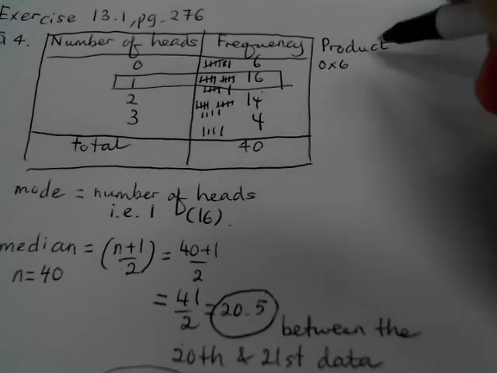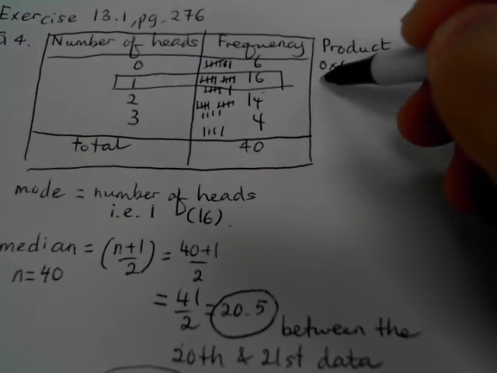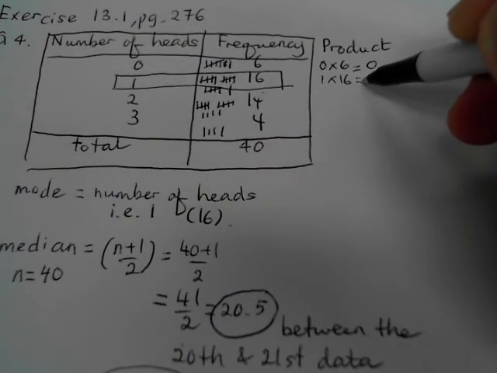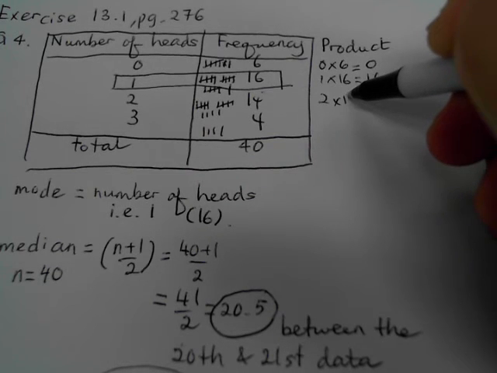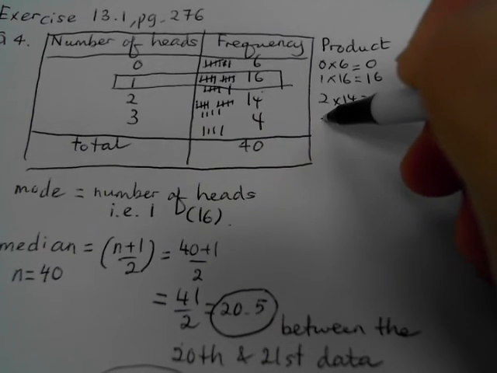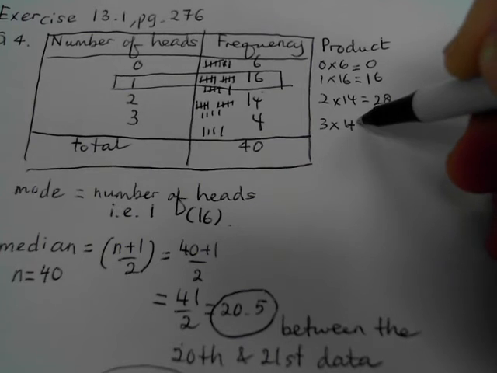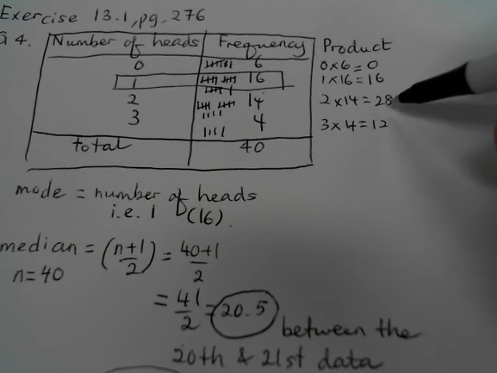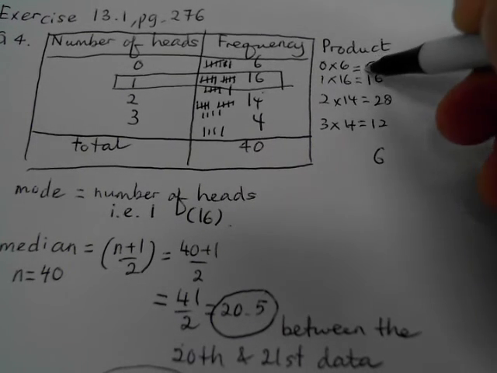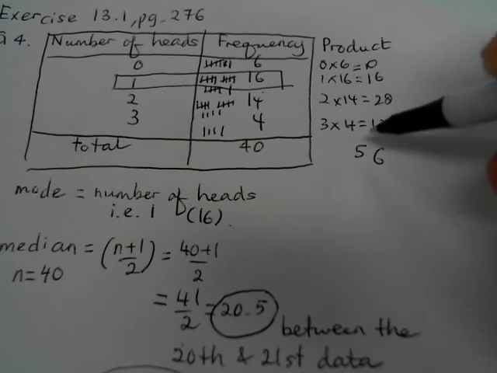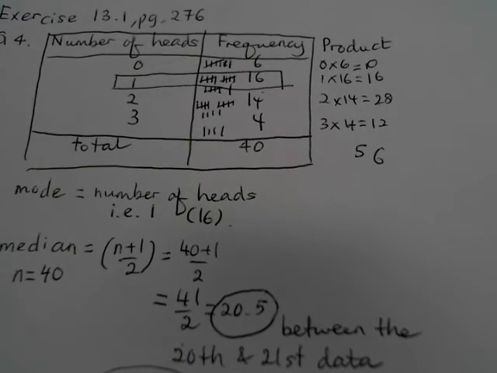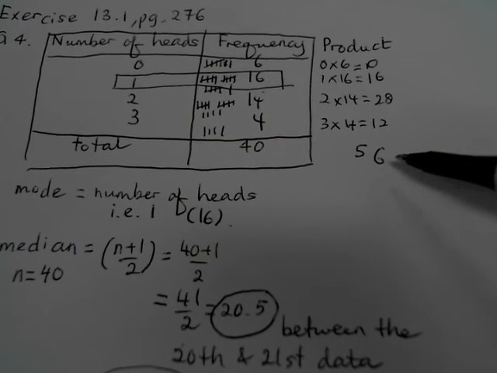So 0 times 6 will give you 0. 1 times 16 will give you 16. 2 times 14 will give you 28. 3 times 4 will give you 12. And in total, you will have 56. The total number of times that you have multiplied the frequency and the number of hits, that's the total that you have so far.